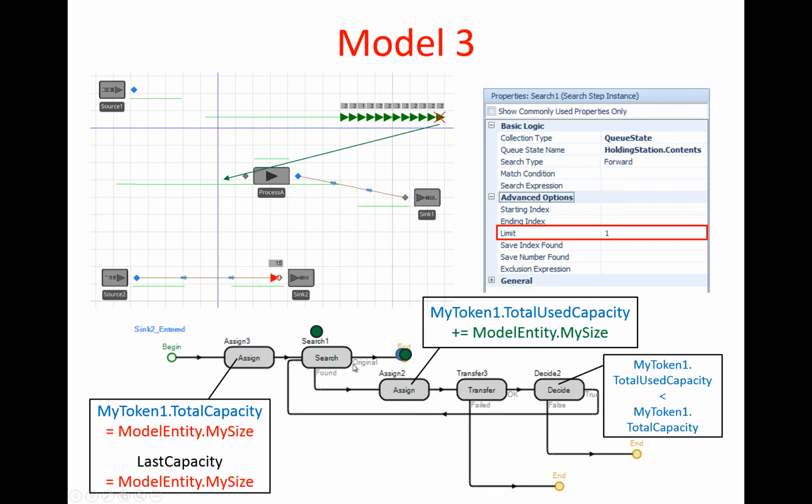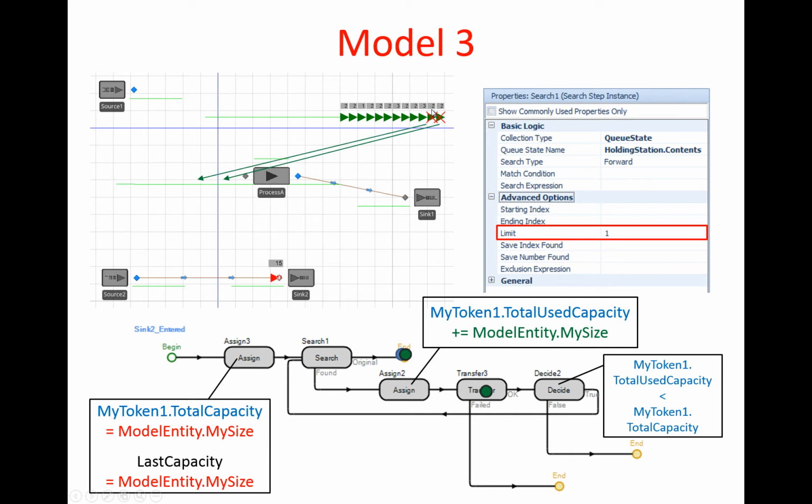Again, my original token takes the original branch, and this token will run the assignment again. This time when I accumulate, the new value of my token1.total used capacity will become 4. Before doing this assignment it was 2, and the model entity.mySize for this entity is 2. Now it becomes 4, and then I do the transfer.